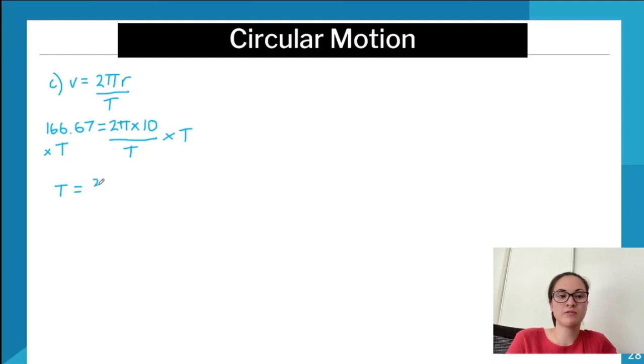So now it's going to end up being 2 pi times 10 divided by 166.67. Cool. Now I'll put that into the calculator.